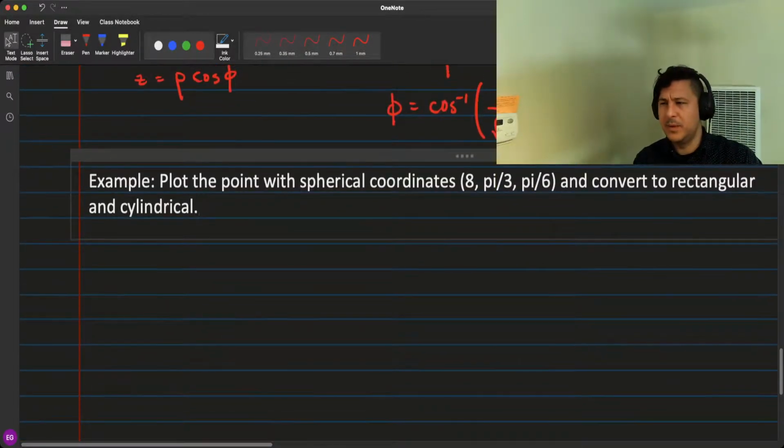Okay, so we have this point in spherical coordinates, 8, pi over 3, pi over 6. Let's plot that and then convert them to rectangular and cylindrical coordinates.